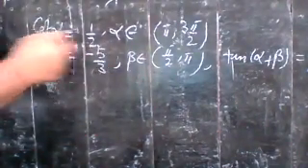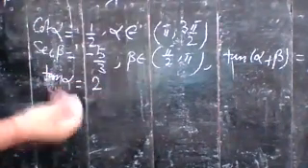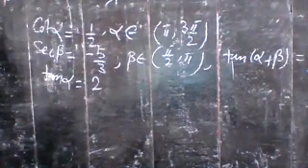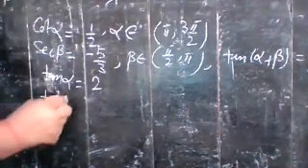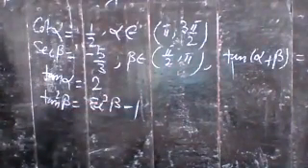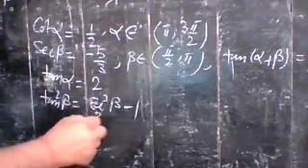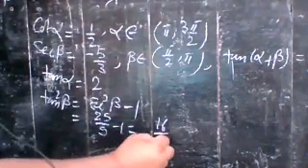Cot alpha is given, so write here tan alpha is equal to 2. You take the positive value because alpha belongs to the third quadrant, and in the third quadrant tan is positive. Sec beta is given, so you have the identity tan square beta is equal to sec square beta minus 1. Putting its value, 25 by 9 minus 1 is equal to 16 upon 9.